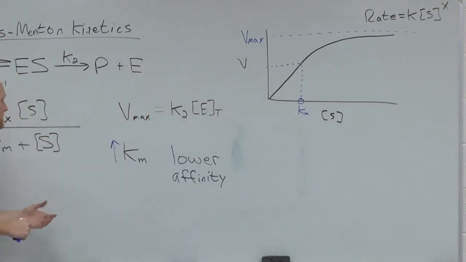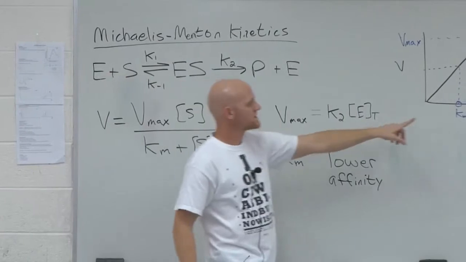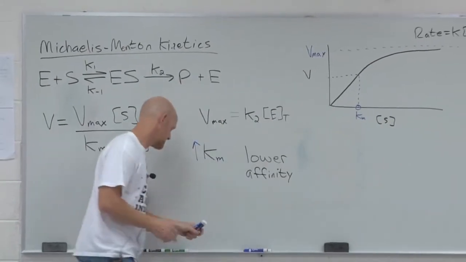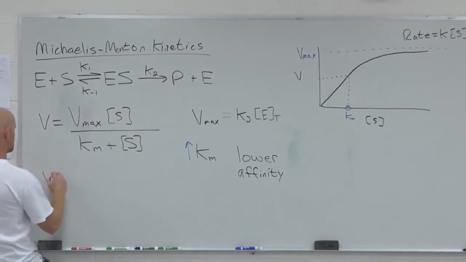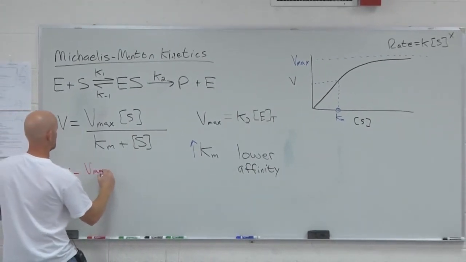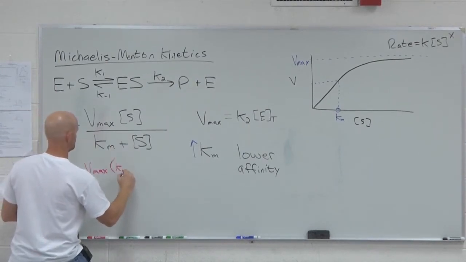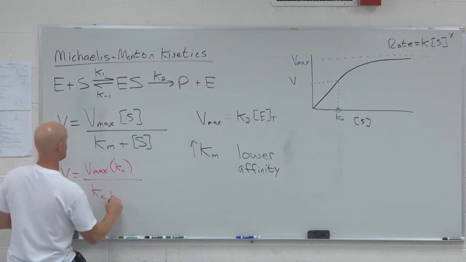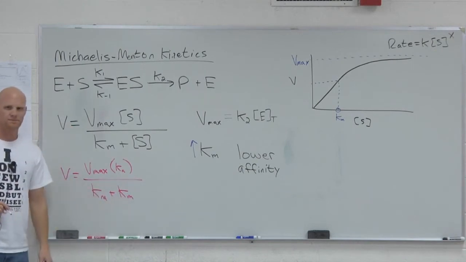So one thing to note, if you look at this equation: let's say I told you that we're at the point where the substrate concentration equals Km. Look at what this equation becomes at that point. V equals Vmax, and what's substrate equal to right now? Km, all over Km. And again, what's substrate equal to? Km. What's Km plus Km? 2Km.